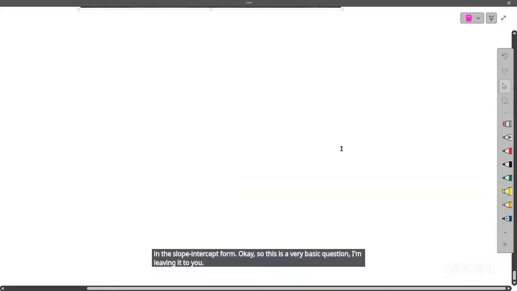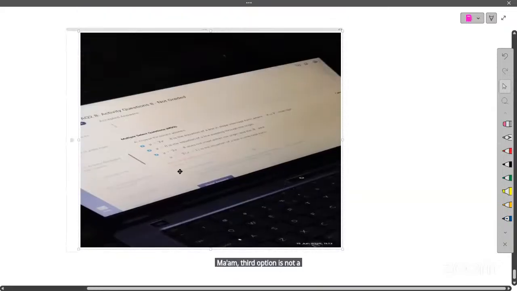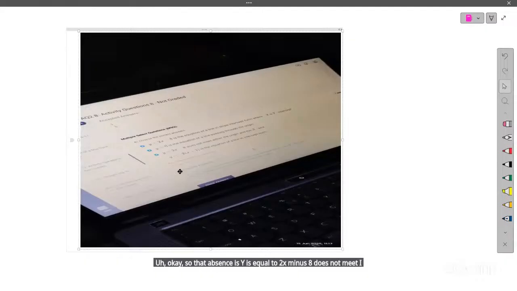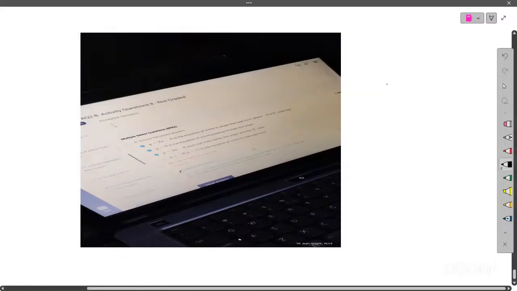Ma'am, the third option is not clear. Can you explain? Okay, so the third option says y equals 2x minus 8 does not meet either the origin and the x-axis. Obviously it does not meet the origin.